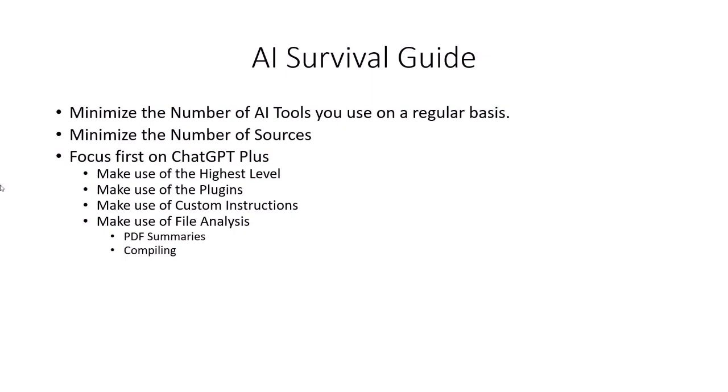It will compile documents. If you have a number of different documents with a lot of different elements in them, you can take all those documents, squish them into one area, and get the gist so you can explain it to your customer.